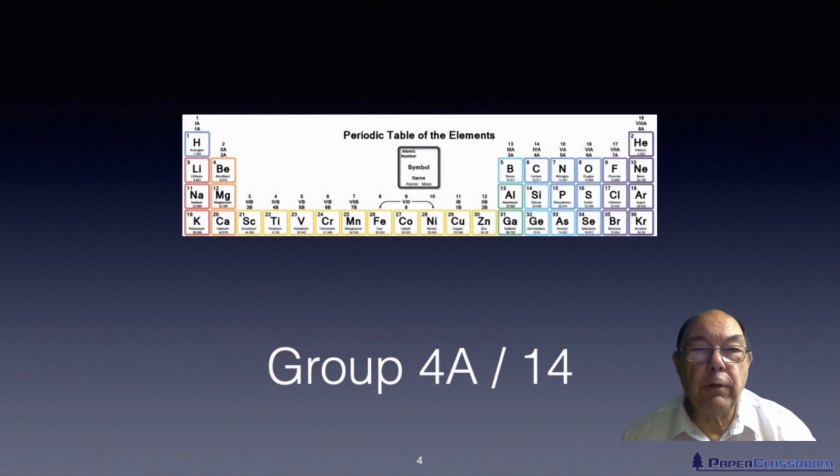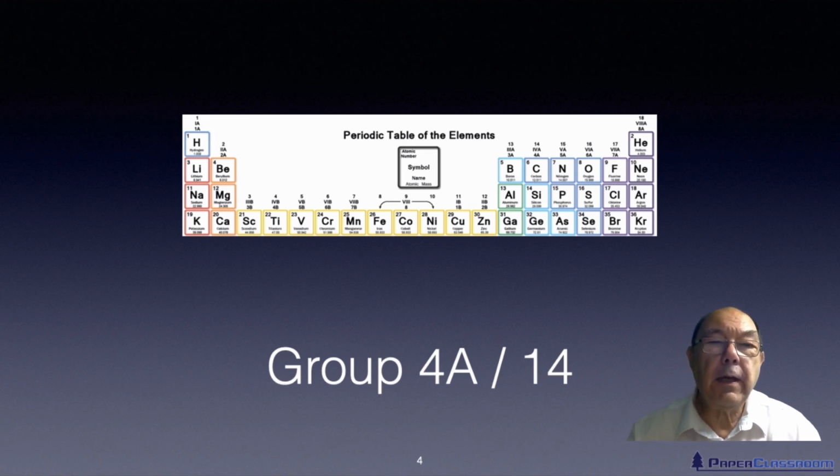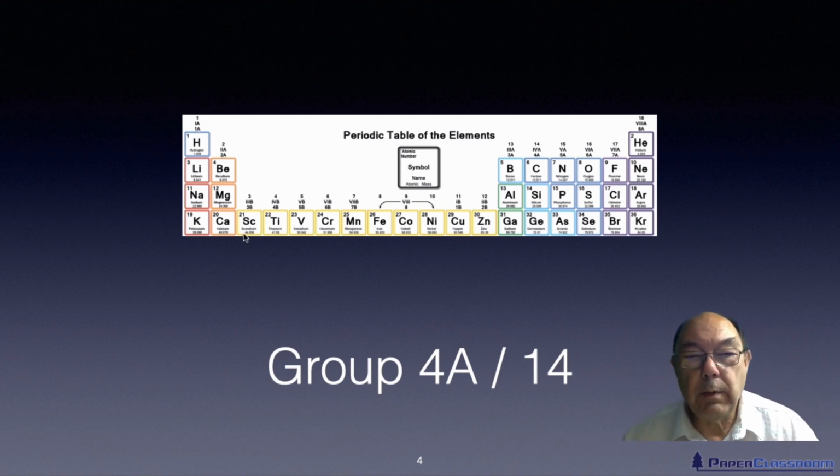Now this is a picture of the top part of the periodic table, and one of the interesting things is in groups 1, 2 and 3, any element in that group is happy to give away its outer electrons.